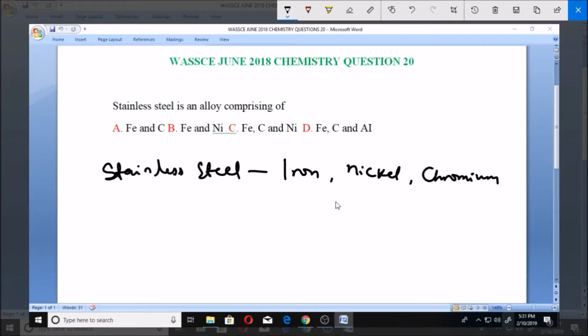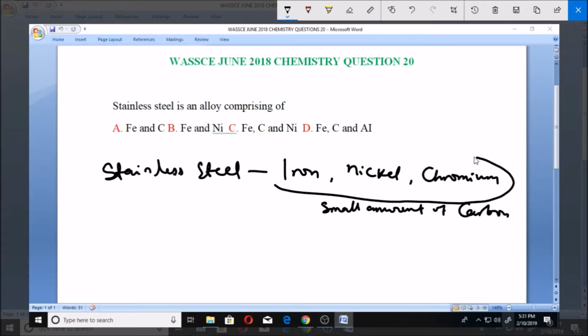Now, in some cases, it can have very small amount of carbon actually, but the major elements that are in the stainless steel alloy are iron, which we all know is Fe, nickel, which we all know is Ni, and then chromium.